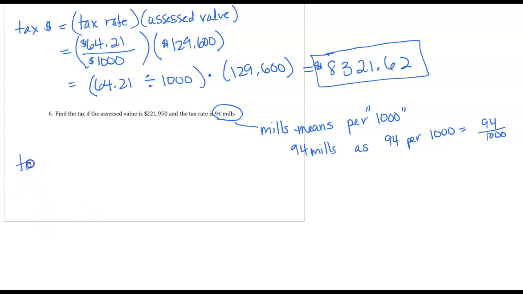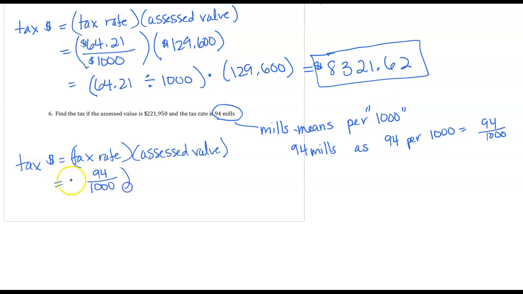So our tax amount is going to be the tax rate times the assessed value. And in this case, our tax rate is 94 mils, which means 94 per 1,000. And our assessed value was given as $221,950.